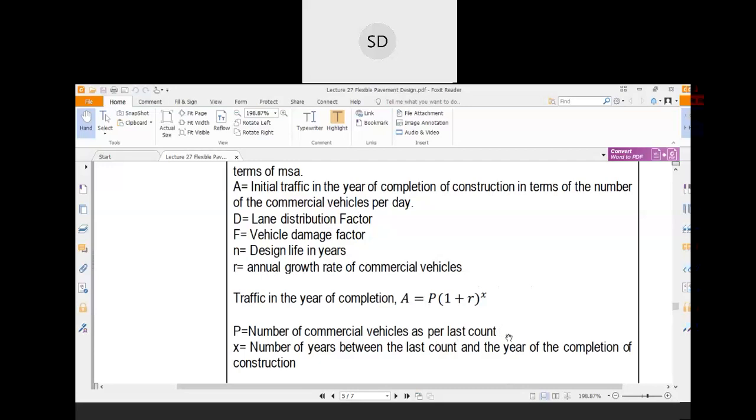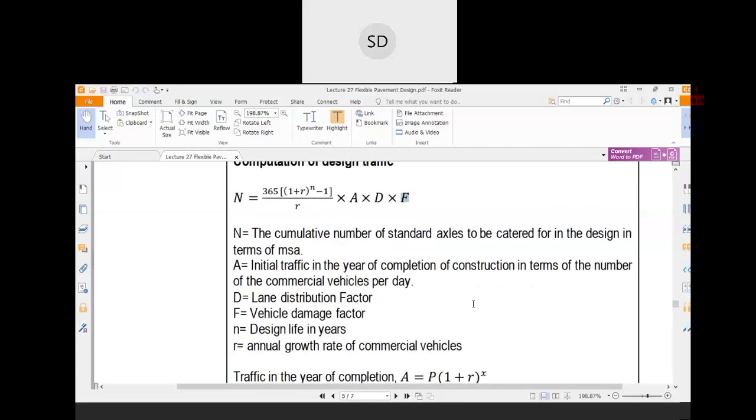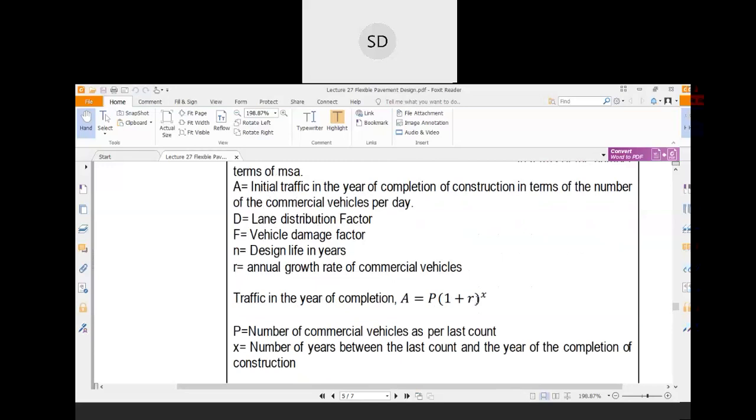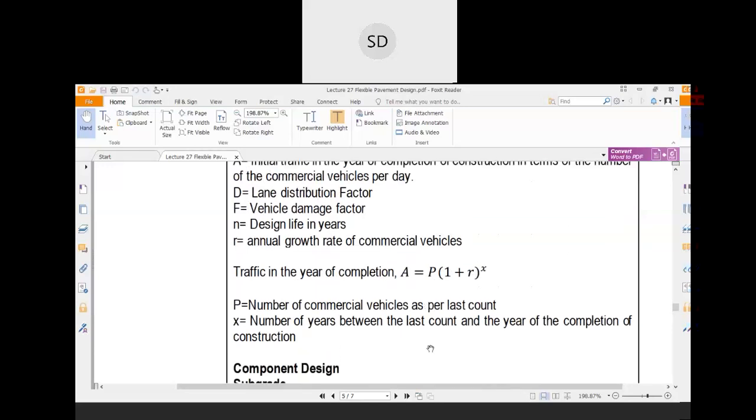Before starting your project, you will take one classified traffic volume count, and P is the total number of commercial vehicles as per the last count. Commercial vehicles, in that case you can call it the truck load or laden weight, and r is the growth factor, and x is the number of years between the last count and the year of the completion of the construction.